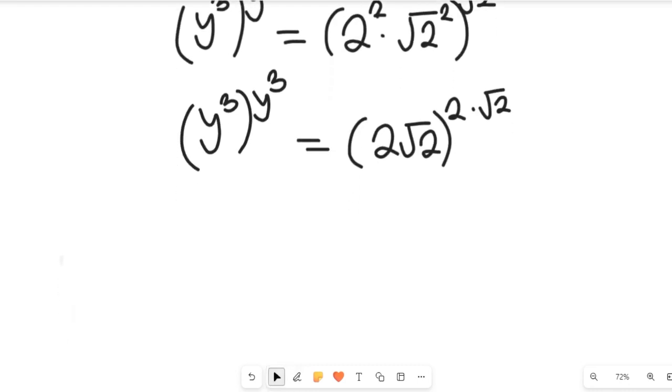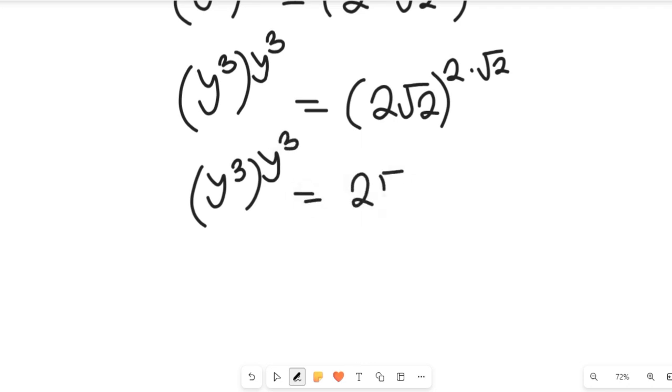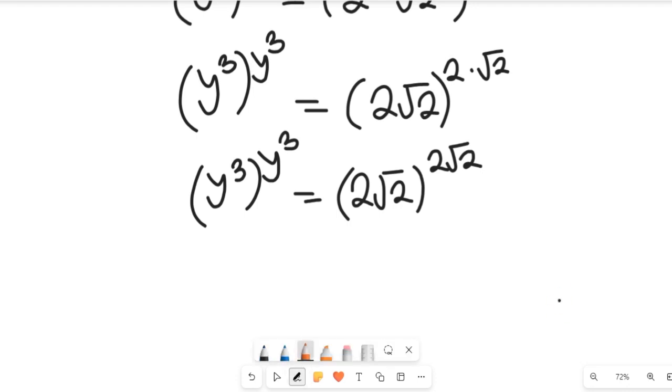So if we simplify that expression, we will have y to the power of 3, all to the power of y to the power of 3, equal to 2 root 2 to the power of 2 root 2, because the exponents will have to multiply. So we have two expressions. Now come to think about this.